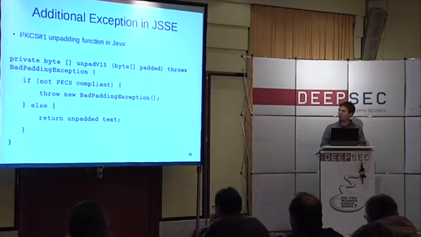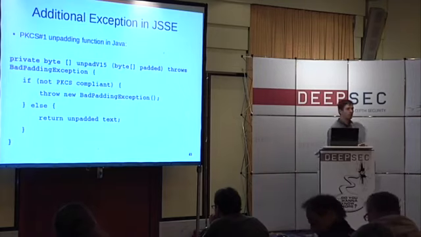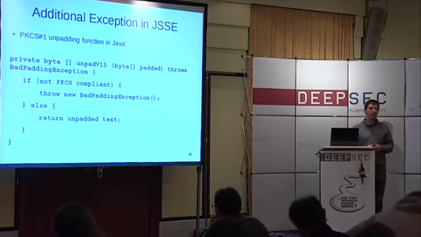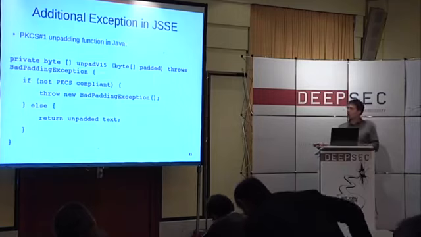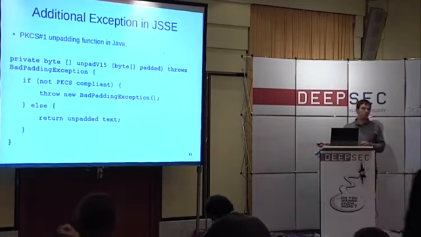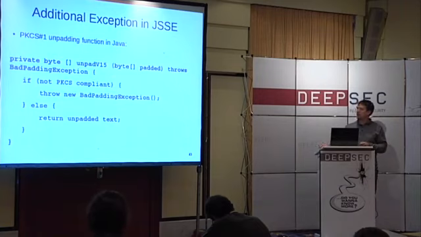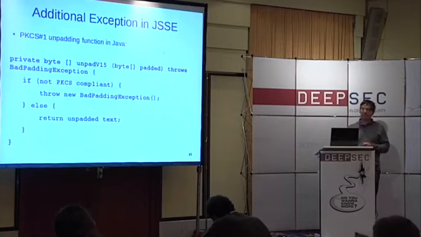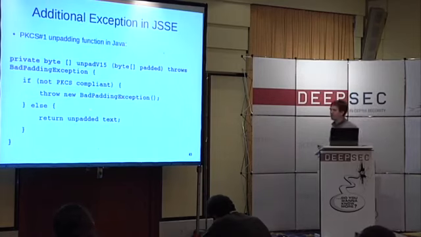After a code analysis, we found out that it comes from a PKCS1 unpadding function, which behaves as follows. We have some unpad version 1.5. It checks some bytes, and if it is not PKCS1 compliant, it throws a bad padding exception. Otherwise, an unpadded text is returned.